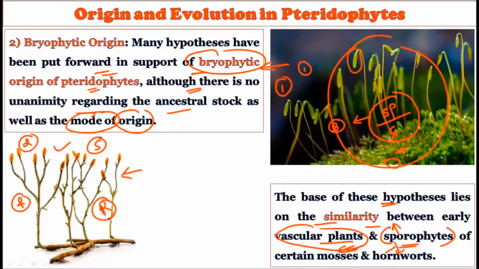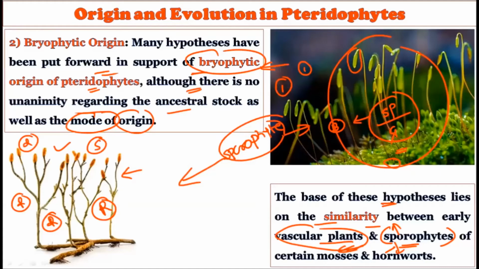This is the fossilized early vascular plant showing differentiation in its body, and it is typically a pteridophyte and not a bryophyte. So when you compare early vascular plants like Rhynia with the sporophyte of the bryophyte, you will see remarkable similarities, and hence we can say that these sporophytes of the bryophytes may be responsible for giving rise to early pteridophytic plants or early vascular plants like Rhynia.